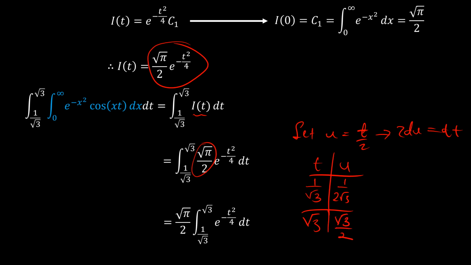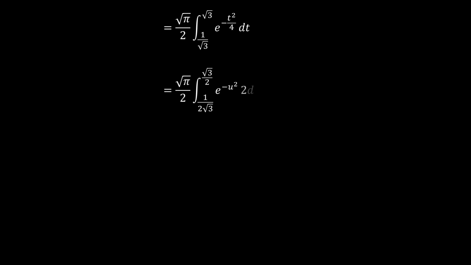So using this as the limits and then rearranging things here, what we will get is that our problem becomes root pi over 2 times the integral from u equals 1 over 2 root 3 to u equals root 3 over 2 of e to the power negative u squared times 2.